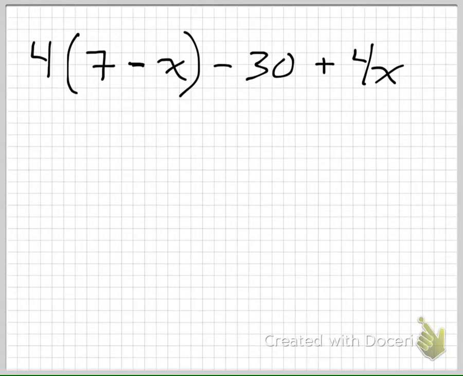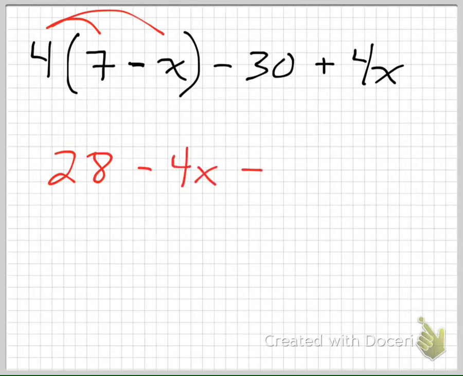You're paying attention here. You've got to learn how to do this. What do you recognize right off the bat? Distributive property. 4 times 7 is? 4 times -x? -4x. Okay, then minus 30 plus 4x.